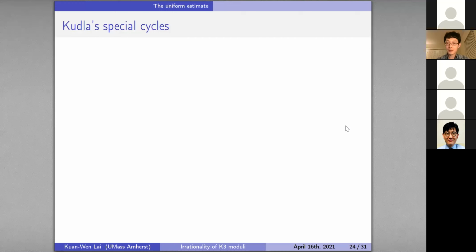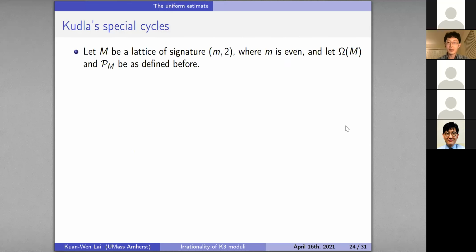As I mentioned, in the general case we use Kudla's special cycles instead of Heegner divisors. So what are Kudla's special cycles? Again, let M be a lattice of signature (m,2). Suppose M is even, and let all of these notations be the same as before. So Omega_M is the period domain, and P_M is the period space.